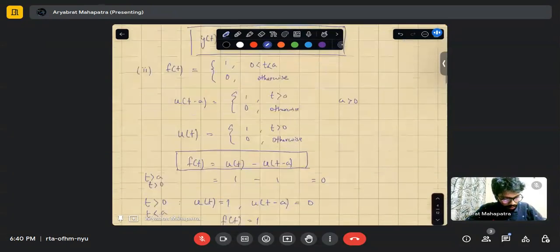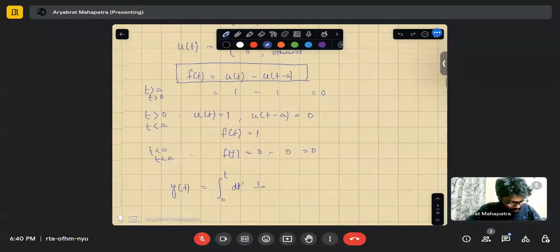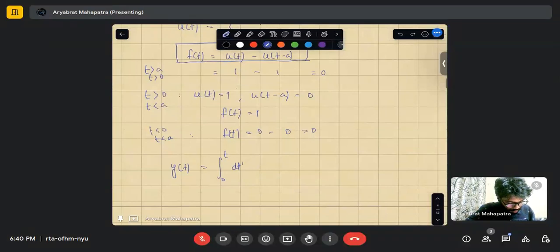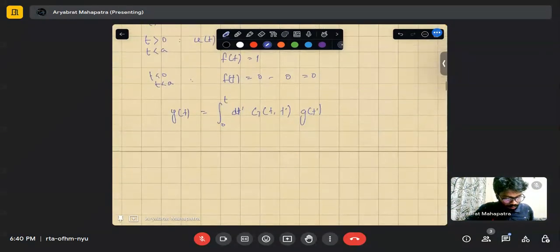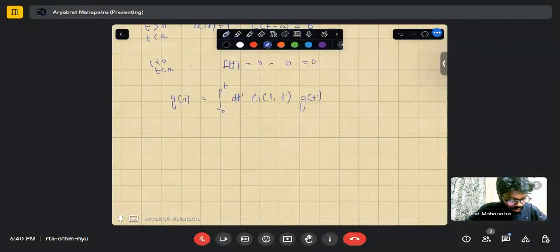But just now we found what the Green's function g is.